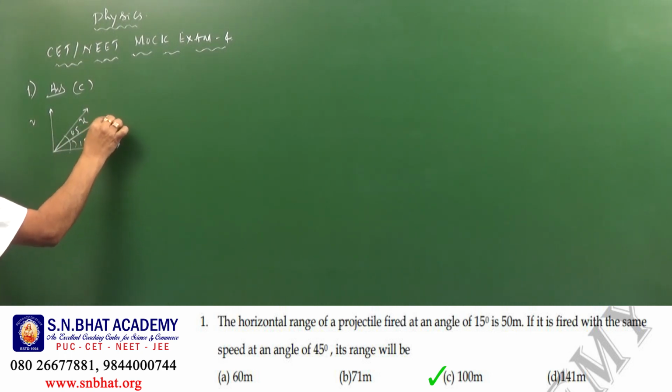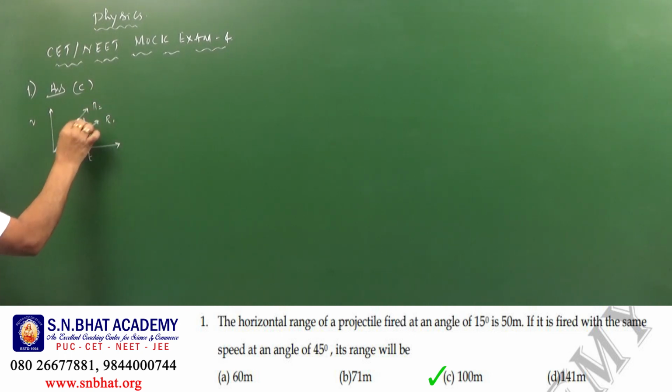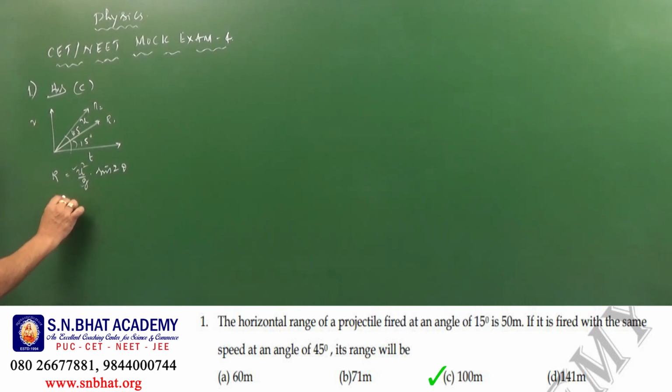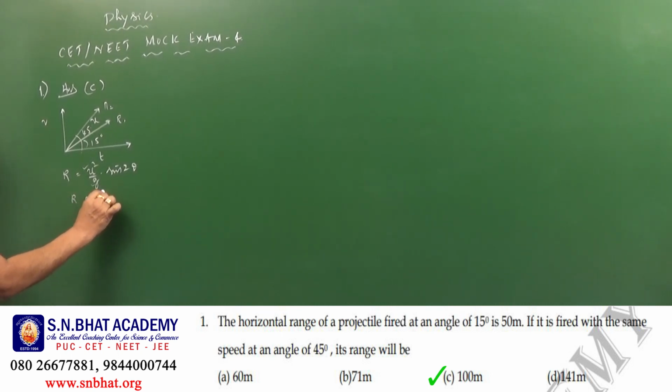So here we have range r1 and r2. Speed is same, right? What is the expression for your range? The range is given by the formula u square by g into sine 2 theta, which is the expression for the horizontal range. Speed is same, g is same, therefore your r is proportional to sine 2 theta.